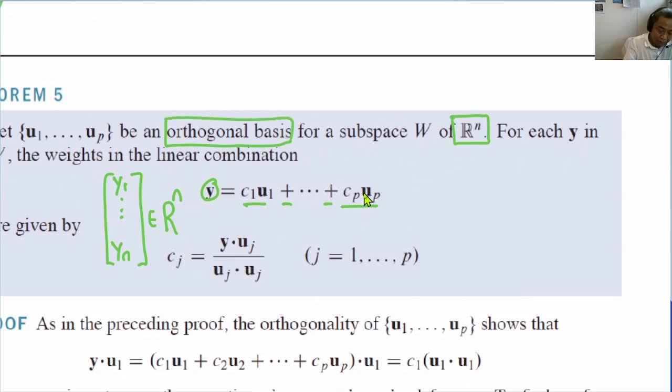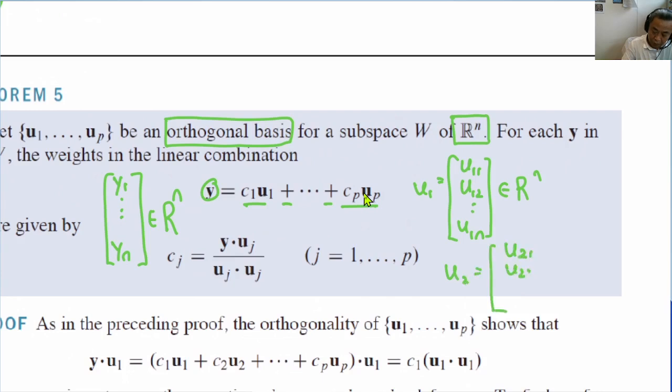So what is u1 to up? u1 is also u11, u12 until u1n, which is also an n element vector in this example. u2 is u21, u22 until u2n, which is also in Rn. So u1 and u2 are also vectors of Rn. And basis means that linear combinations of u1 and u2 up to up will span the space W.